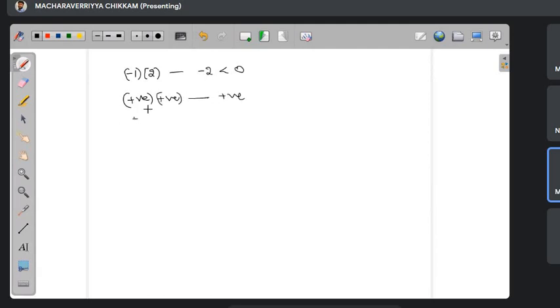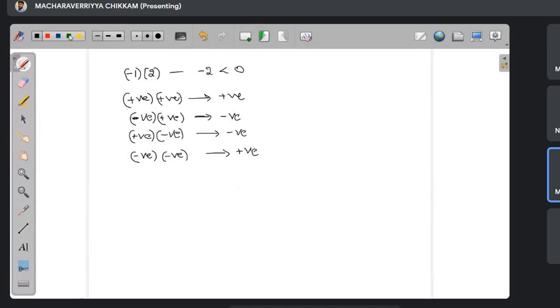But a negative quantity multiplied with a positive quantity gives a negative quantity, isn't it? Similarly, as you must have seen in 10th class, plus into plus, minus into minus. The same kind of thing I'm writing here. So positive into negative gives us a negative, and negative into negative gives you positive.